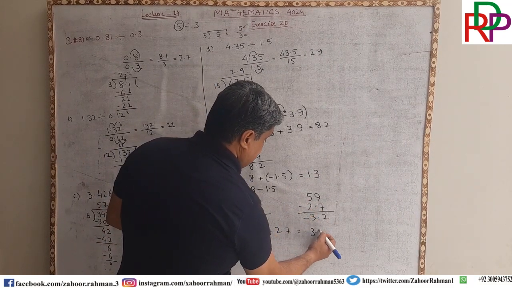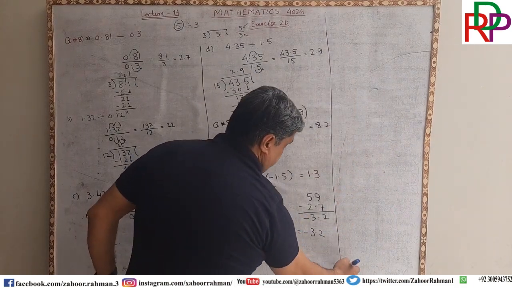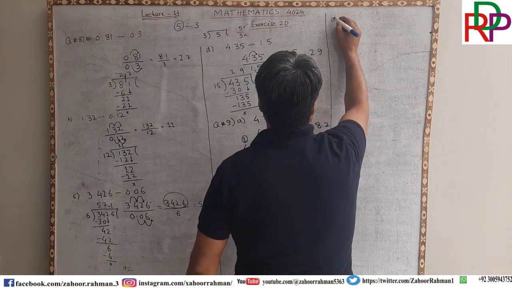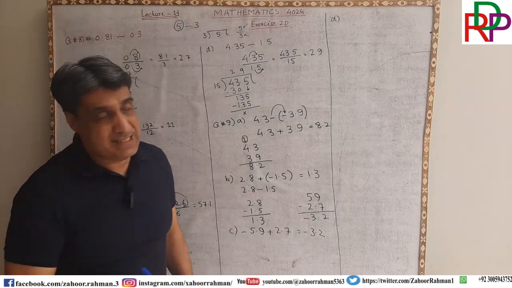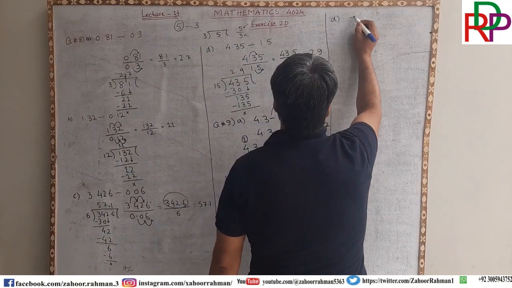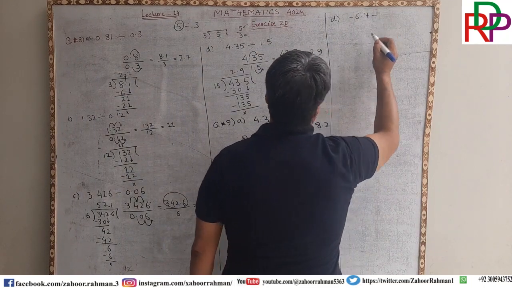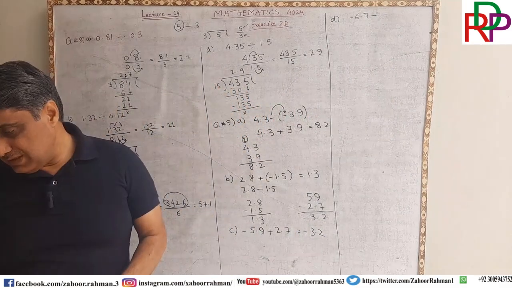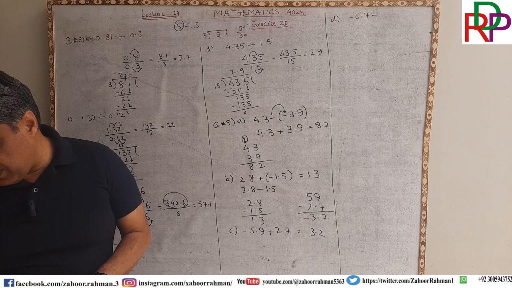Minus 3.2. Now we are going towards the D part, and what the D part is saying: minus 6.7 minus 5.4.